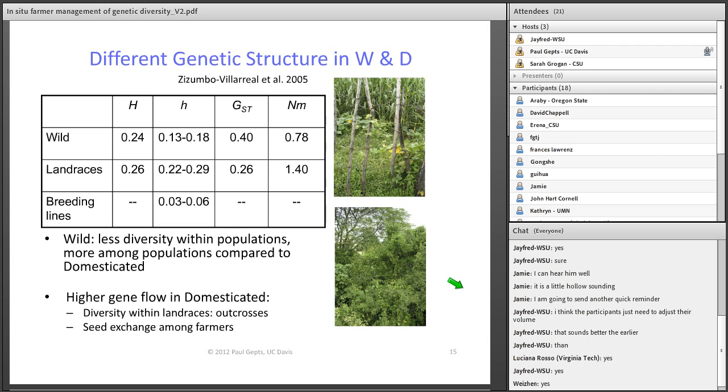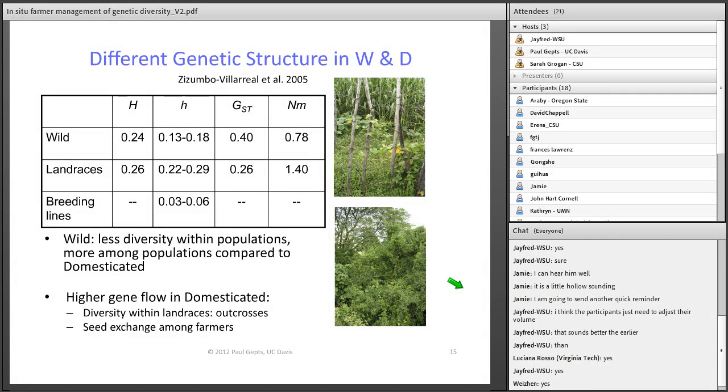But again, here there is opportunity for the farmers to select against the wild type or tolerate them. And this photo is actually quite interesting. You see the large pods here. These are domesticated bean. And here immediately to the left, the smaller pod is actually a wild bean pod.